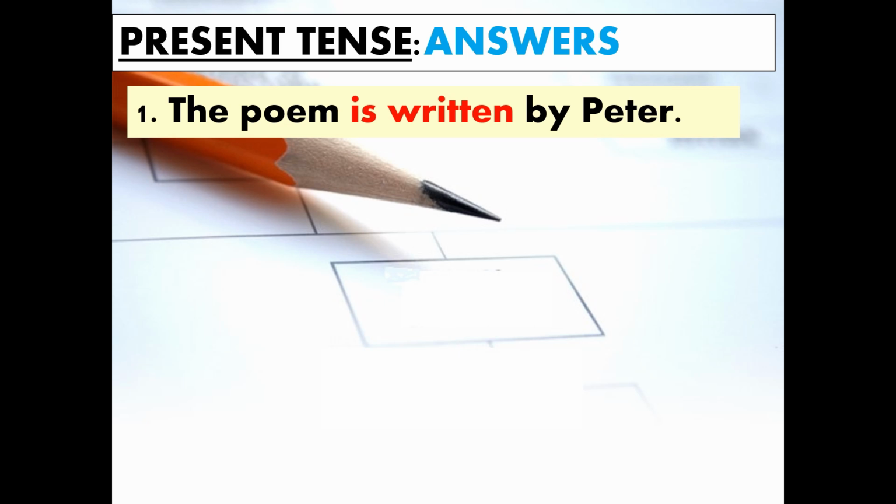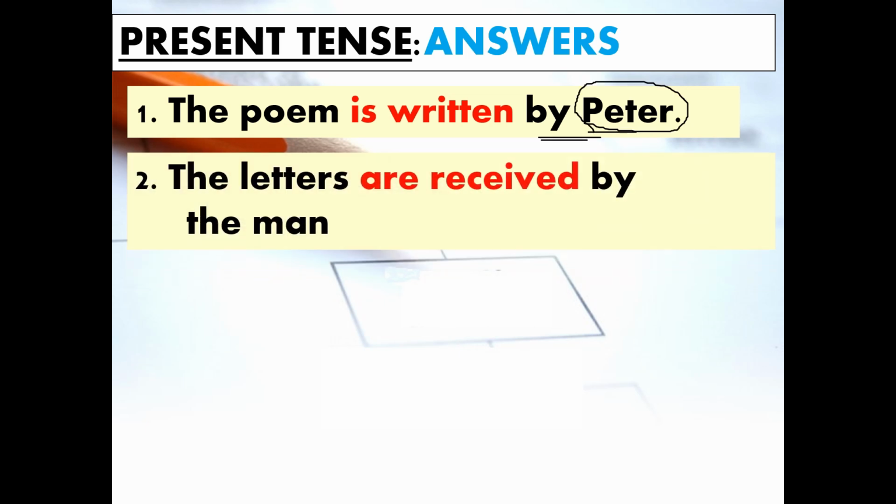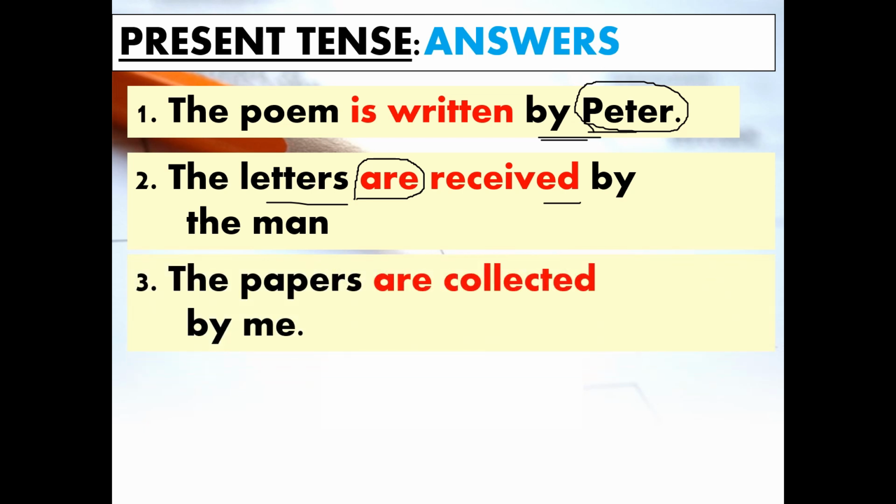Okay, number 1, the poem is written by Peter. Next, the letters are received by the man. Okay, so take note, we have letters. So you will be using are, not is. Okay, then the past participle received. Next, the papers are collected by me.